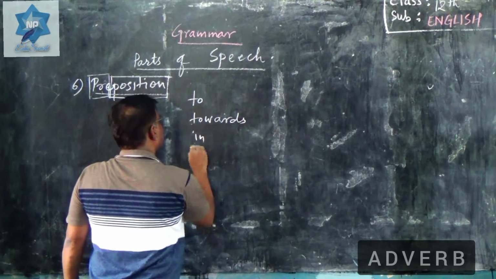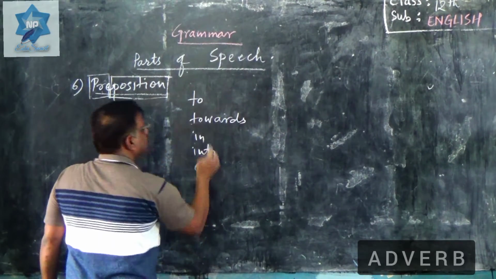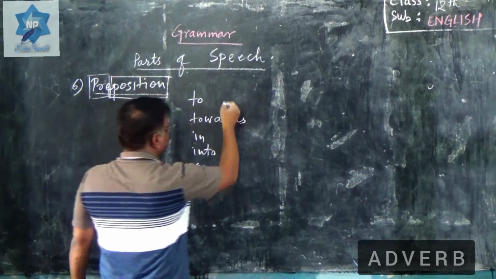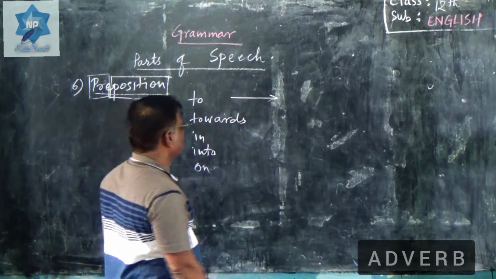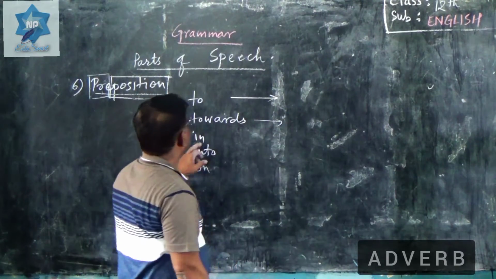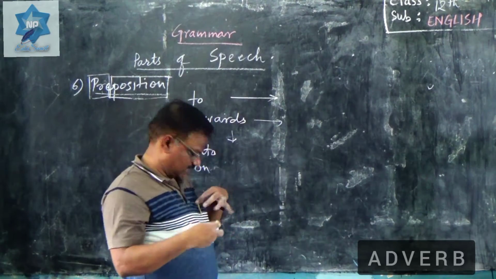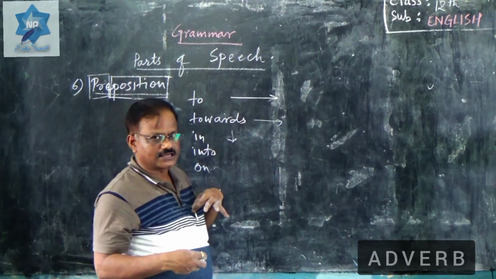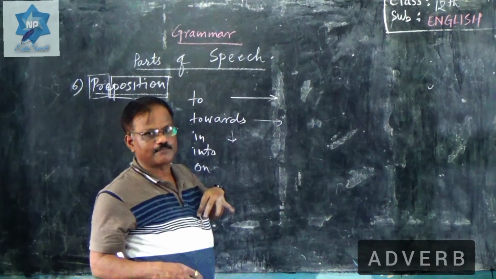in, into, on. In this way, these are the prepositions. For example, to shows the direction, towards again direction, in shows the position. The pen is in my pocket, but I am putting the pen into my pocket.